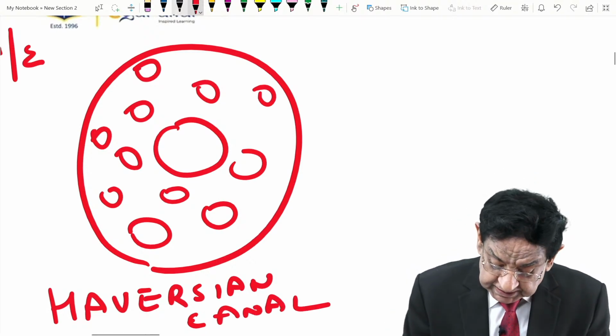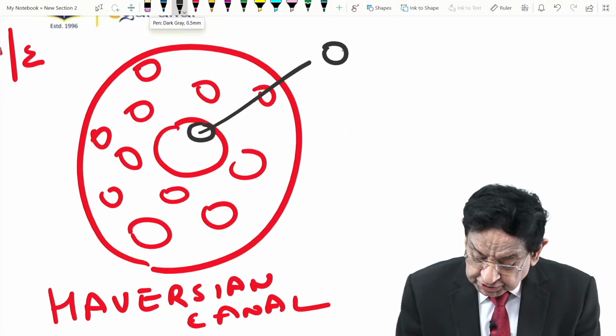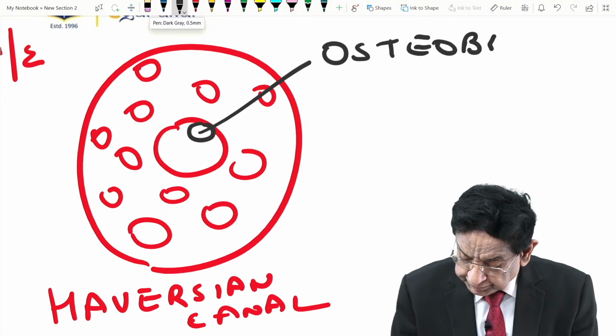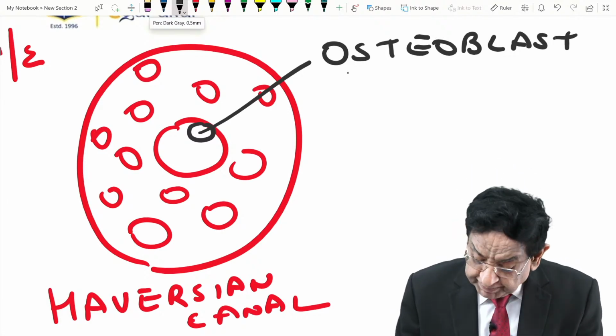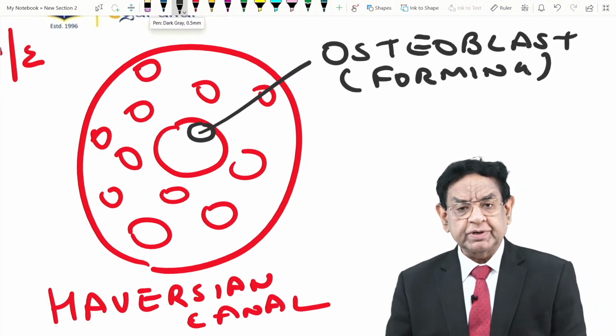In the center, we have a cell called osteoblast. It is a bone forming cell. It creates the new bone.